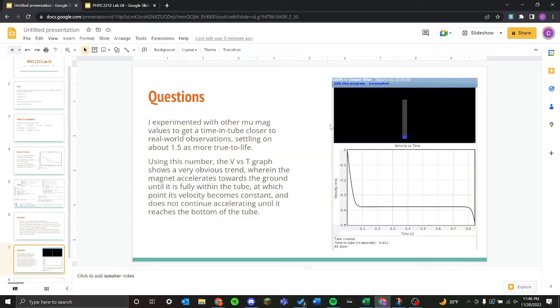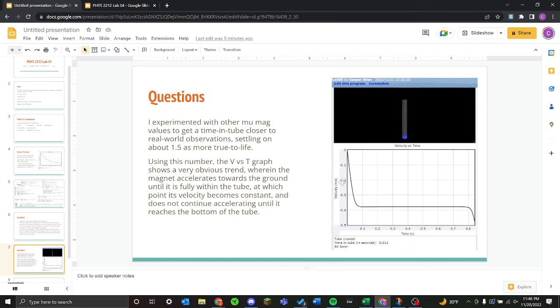And then the last question I answered just by using the mu magnitude that I thought was more true to life, that gave me the right fall-through time, which creates this graph, which is very telling of the time that it is falling into the tube. In this time, it is fully surrounded by the tube, and so it has a magnetic field pushing up from the bottom and pulling up from the top, whereas at the top it only pushes up, and at the bottom it only pulls up, so it cannot as effectively counteract gravity.